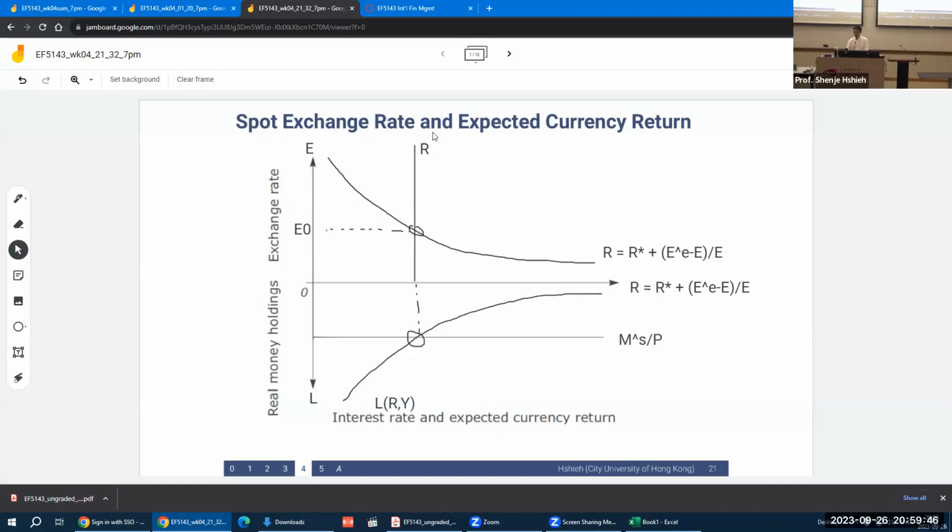R is determined by the money market, where money supply, which is set by the central bank, equals money demand, which is this downward sloping curve. The intersection is the equilibrium interest rate at which money supply equals money demand.